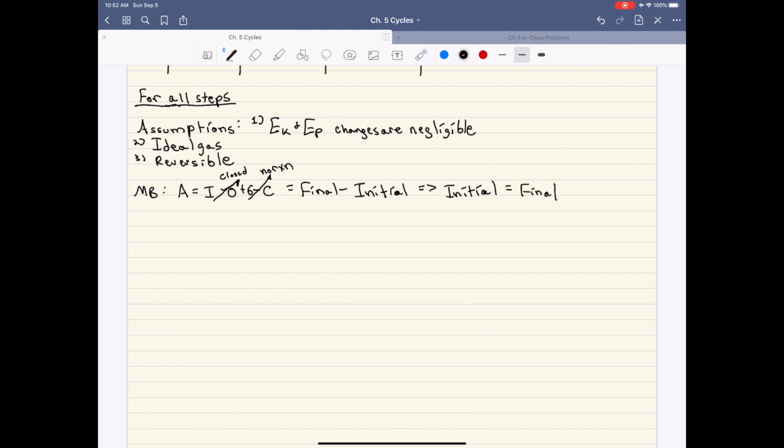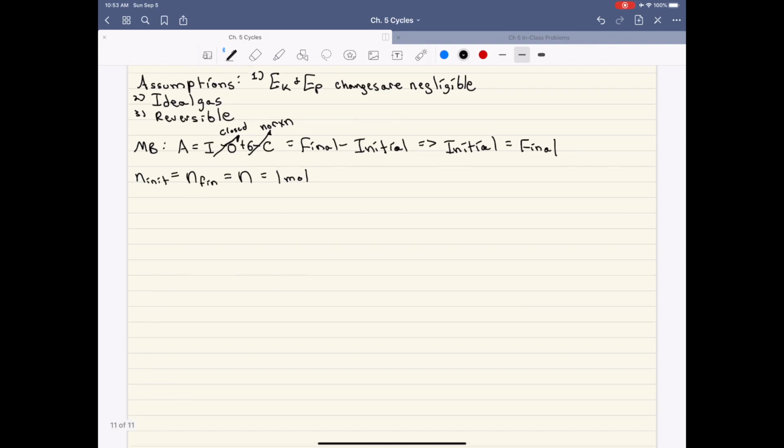So N initial and final, which we'll just call N, and the problem statement told us we were dealing with 1 mole of gas. So all of these things are going to apply to every step of our process. But now let's look at the individual steps.